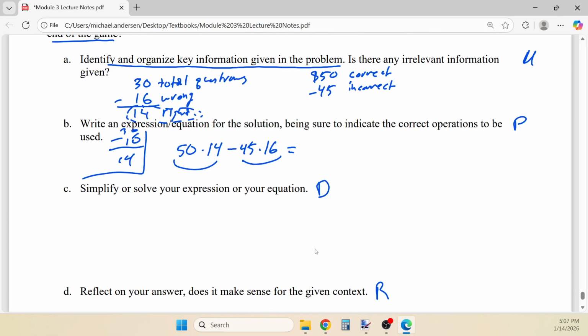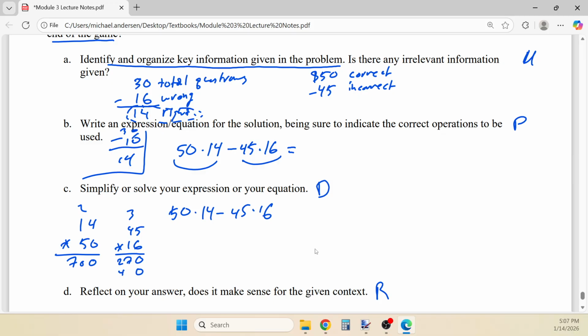Now we have to do the problem. 50 times 14 minus 45 times 16. Here's 50 times 14. 5 times 4 is 20. 5 times 1 is 5, plus 2 is 7. 6 times 5 is 30. 6 times 4 is 24, plus 3 is 27.